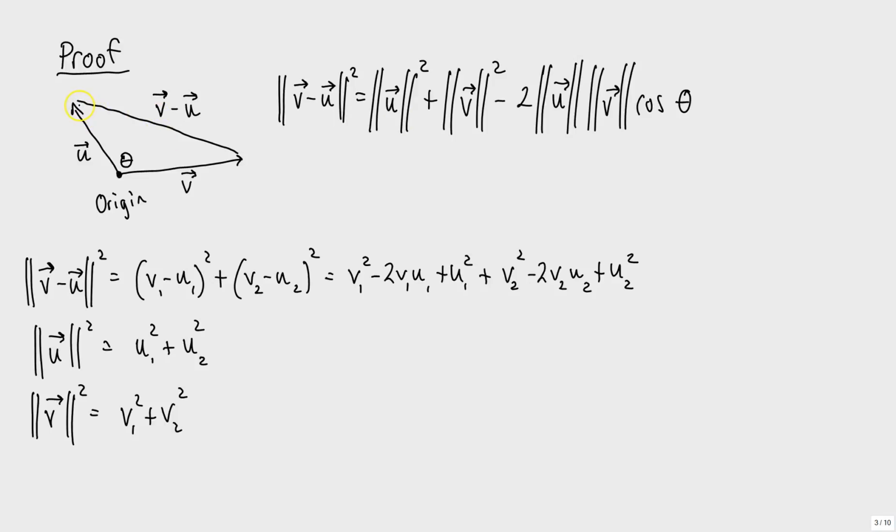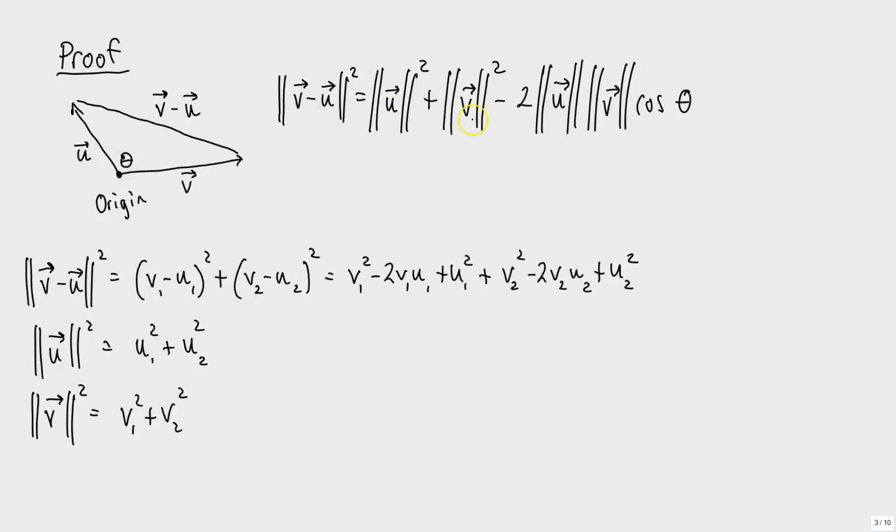Basically, the side that's represented by vector v minus vector u is opposite the angle theta. So the length of that side squared should equal the sum of the squares of the lengths of the other two sides minus double the product of the lengths of the other two sides and cosine of theta. So the length of this side squared should equal the length of this side squared plus the length of this side squared minus 2 times this length times cosine of that angle.